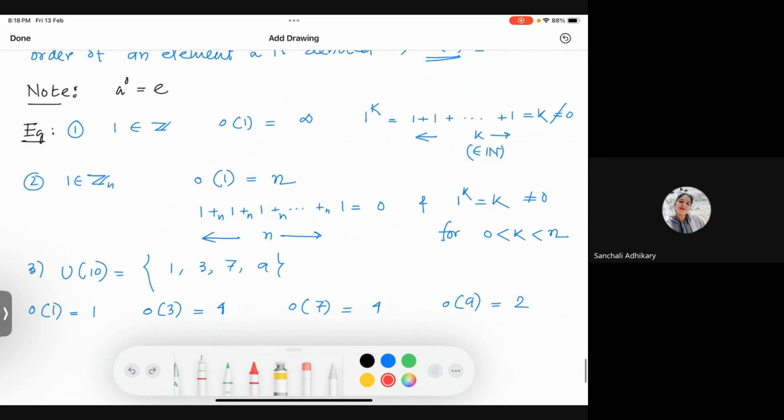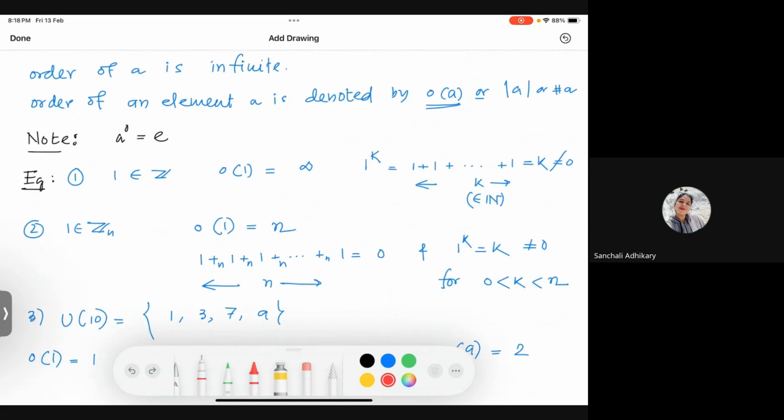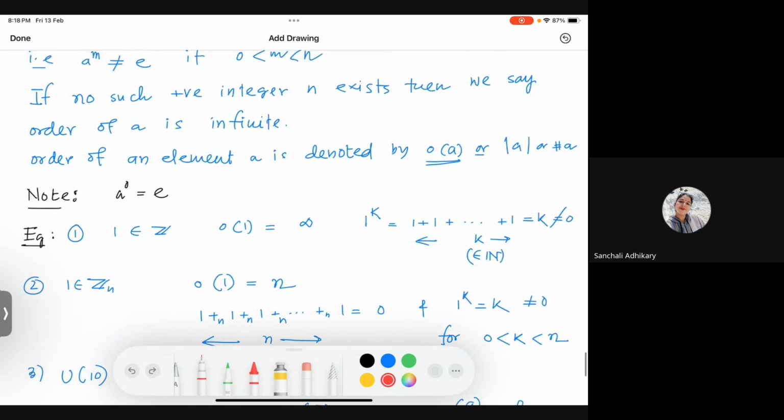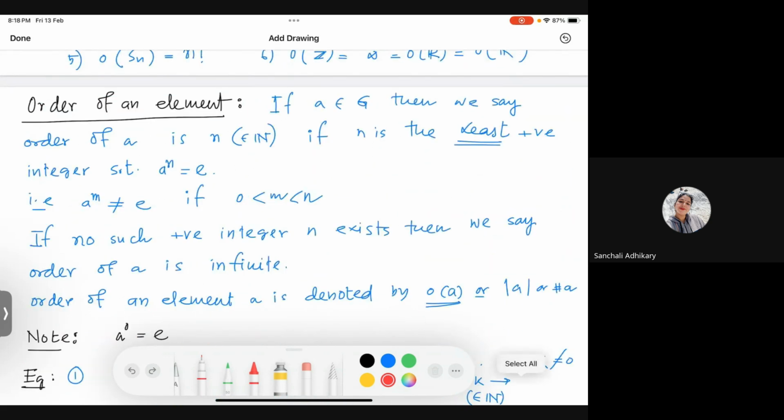So in this question, if 1 belongs to Z, then what is the order of 1? The order of 1 is infinite. Observe, if there does not exist any n such that a to the power n is identity, then the order of a is infinite.